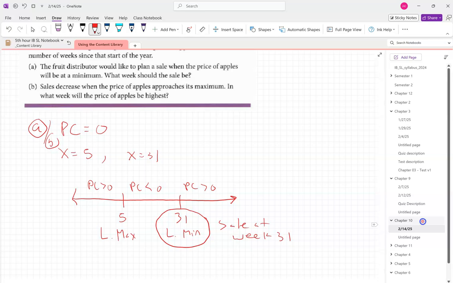What week will the price of apples be the highest? Does everybody feel okay there? Okay.